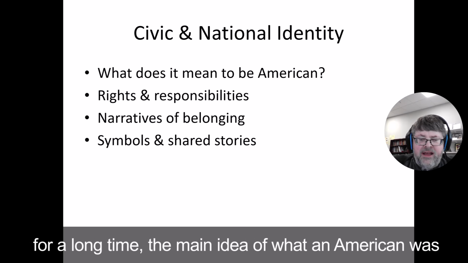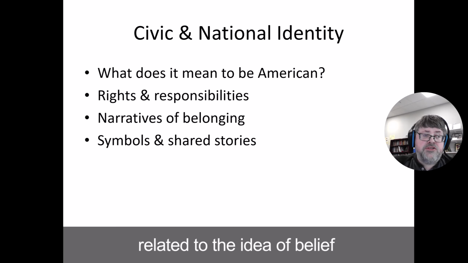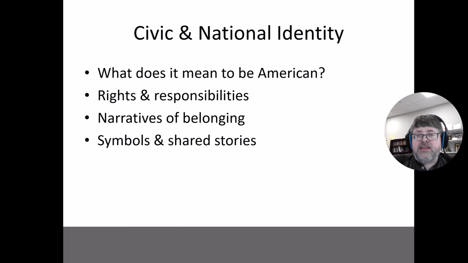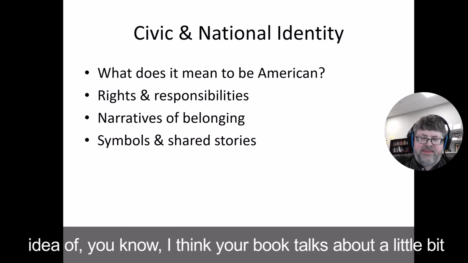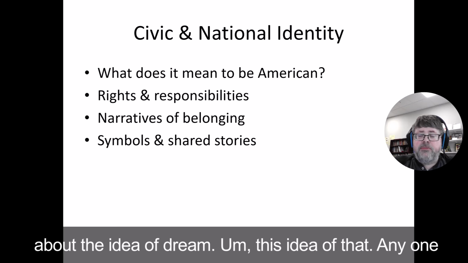And for a long time, the main idea of what an American was related to belief and support of the broad American culture. I think your book talks a little bit about the American dream, the idea that anyone can be successful.